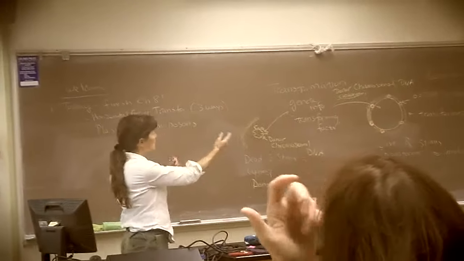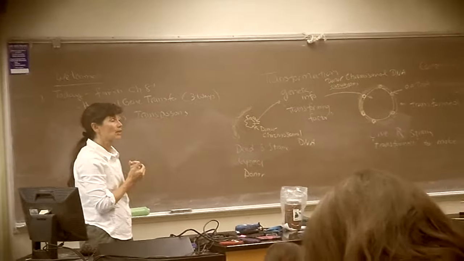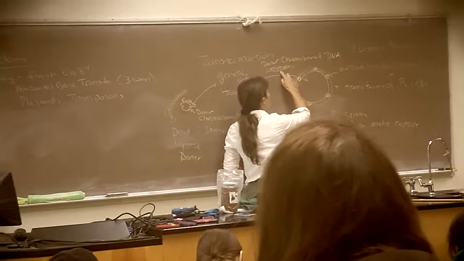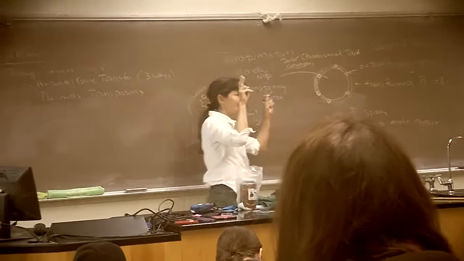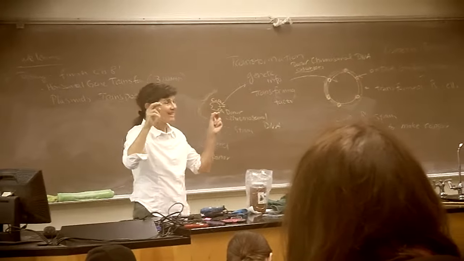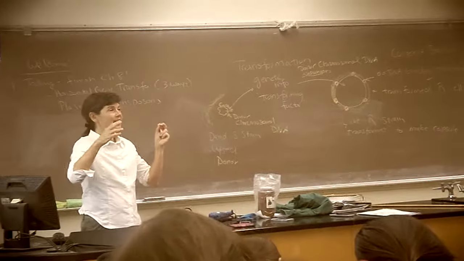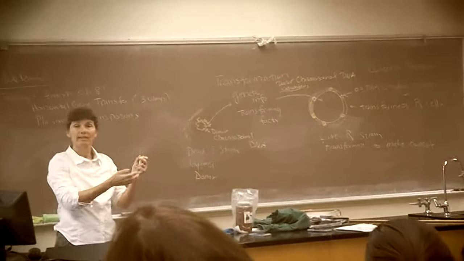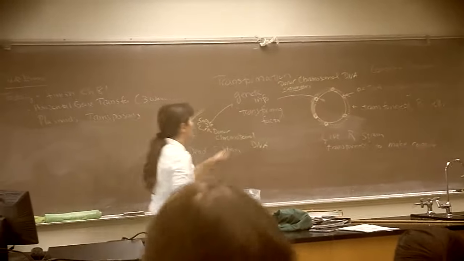Right. So in this process of natural transformation, this occurs in nature, the DNA binding proteins can bind naked DNA, and it's not that we're being risque here. Naked meaning the DNA is not enclosed in another cell, it's not enclosed in a virus, it's just naked DNA in the environment.